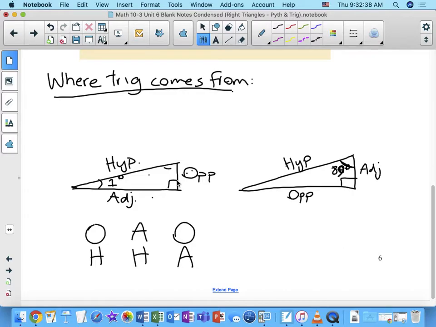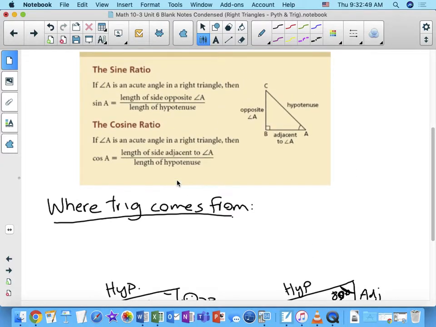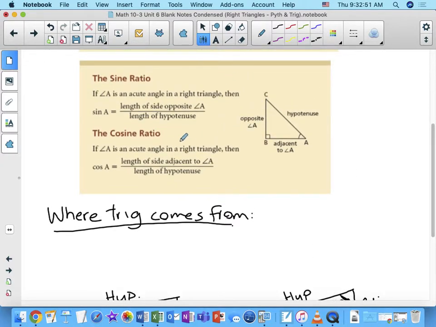The first pair, which involves the opposite side and the hypotenuse, is called the sine ratio. And the sine ratio is defined this way. The sine of an angle is the ratio of the length of the opposite side in the triangle to the length of the hypotenuse. Okay?